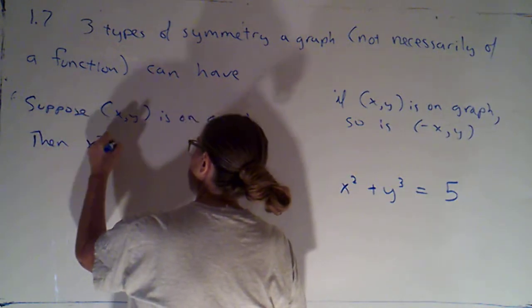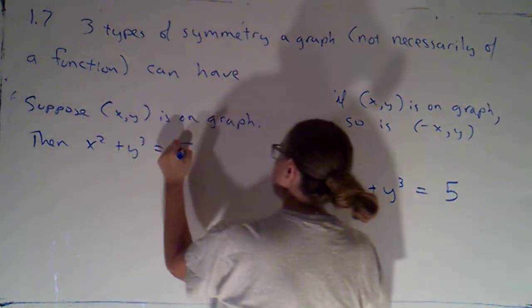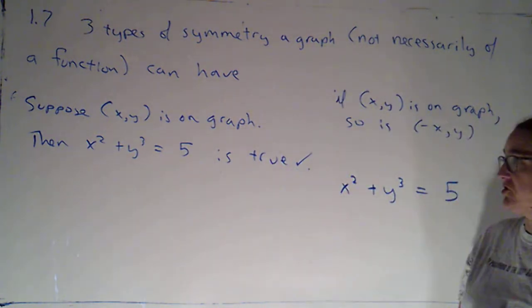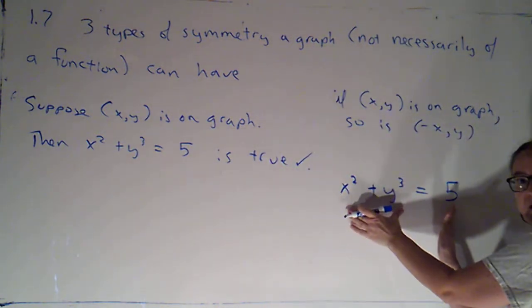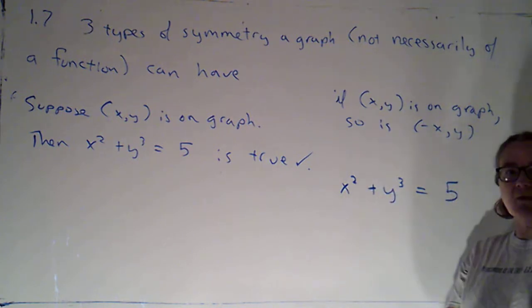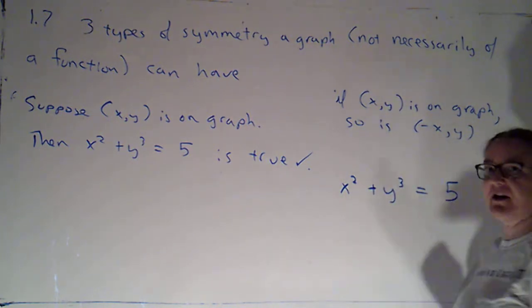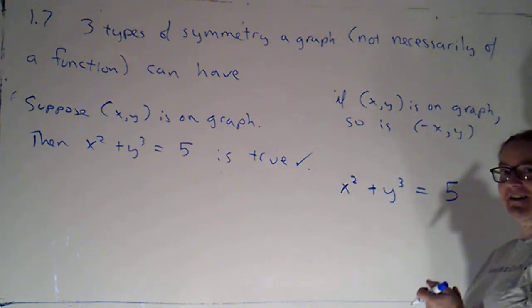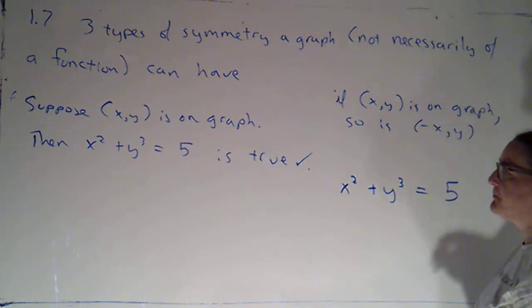So then x squared plus y cubed equals 5 is true. That's a true equation. Because remember, the relationship between an equation and a graph is that points that make the equation true are points that are on the graph. Points that make the equation false are points that are not on the graph.